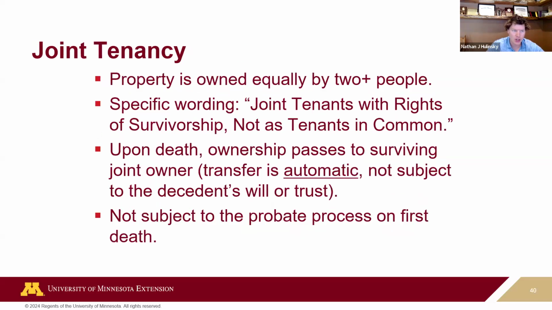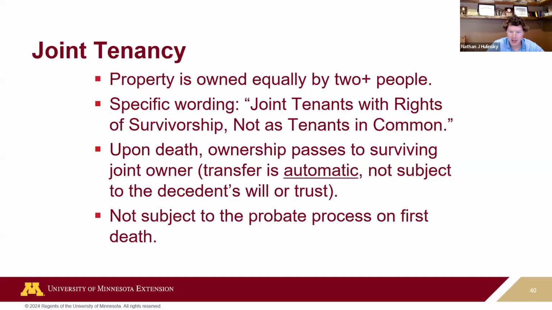Whereas the next one here is joint tenancy. So property is owned equally by 2 or more people. You'll have some specific words in the title: joint tenants with rights of survivorship, not as tenants in common. So in this scenario, upon death, ownership passes to the surviving joint owner.